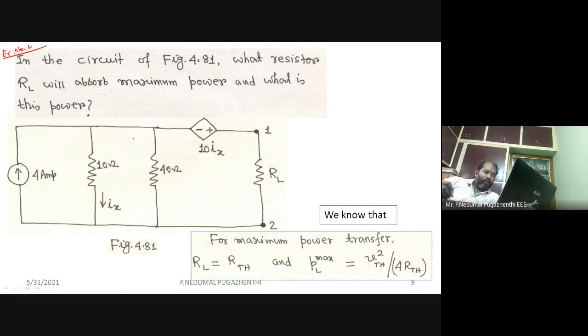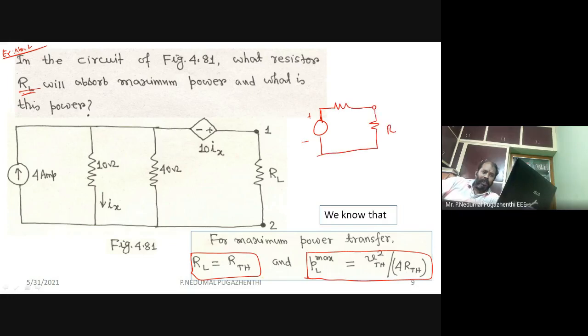As per this problem, we have one dependent source and one independent source. They are asking to know what is the value of RL. This is the condition and this is the expression. To find out the value here, I have to convert this into a Thevenin's equivalent circuit and then connect my RL.